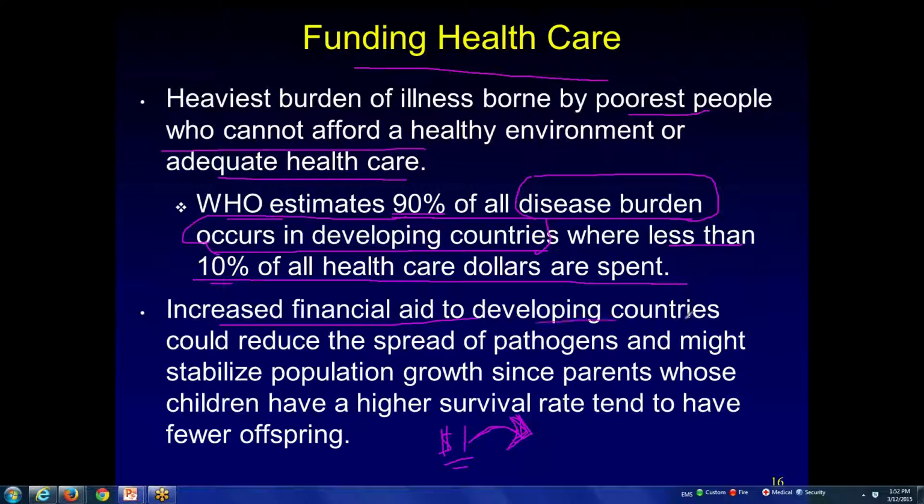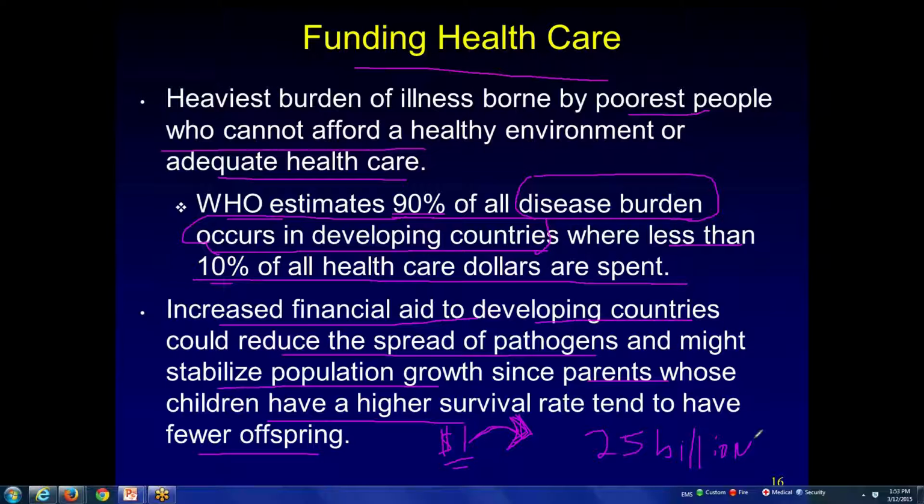Increased financial aid to developing countries could certainly reduce the spread of pathogens and help stabilize population growth, since parents whose children have a higher survival rate tend to have fewer offspring. So if we can increase the amount of money, some estimates are around $25 billion, and that would be among all the richer countries. If all the richer countries could combine to give $25 billion, that's not a big percentage of their GDP.